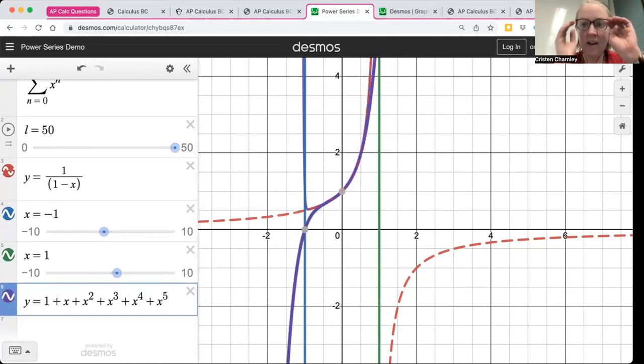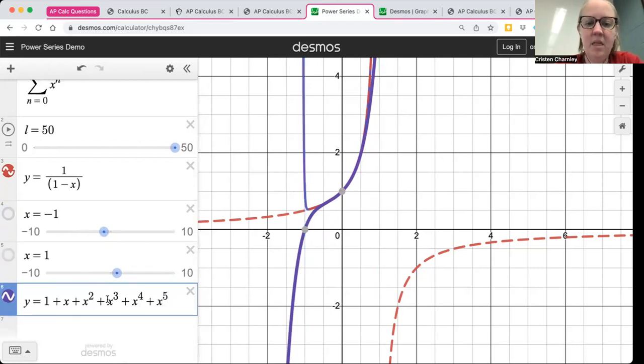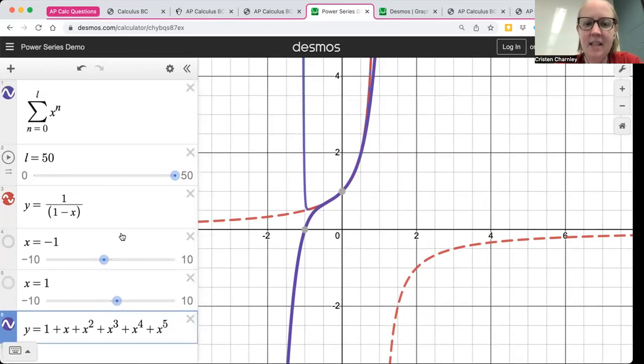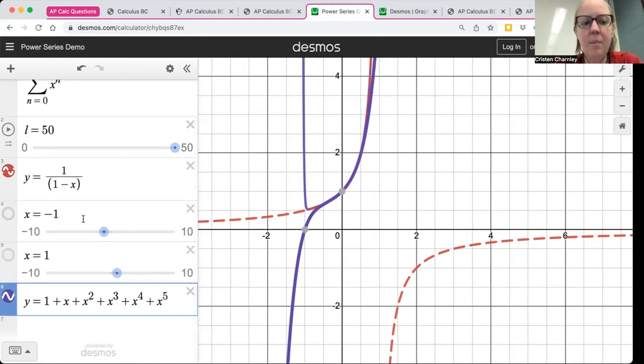Even better. Now, if I keep adding terms to this, all 3 of these things will match up. My drawn out polynomial, the 1 over 1 minus x, and the x to the n, they are all the same thing, but only between x equals -1 and x equals +1. That's as far as they're valid. I think that's really, really cool, but that's visually what we're looking at with these.